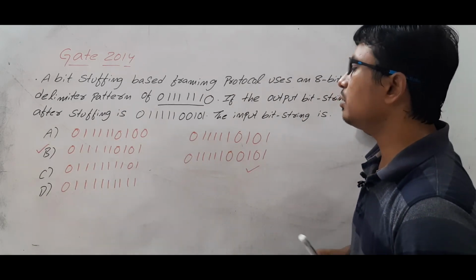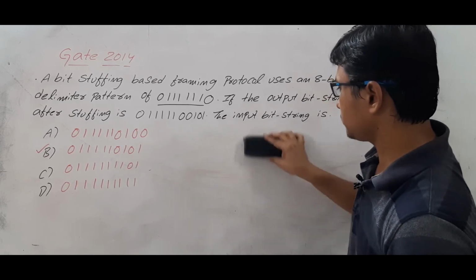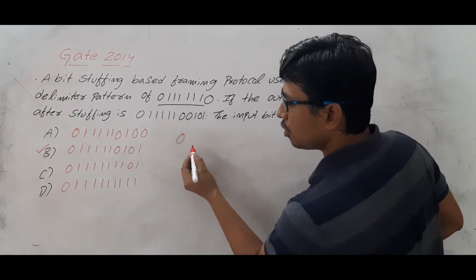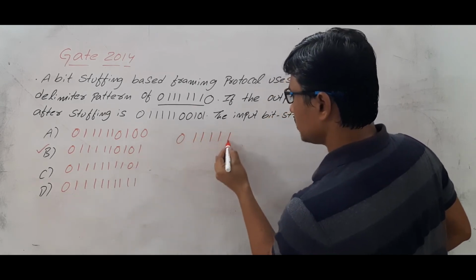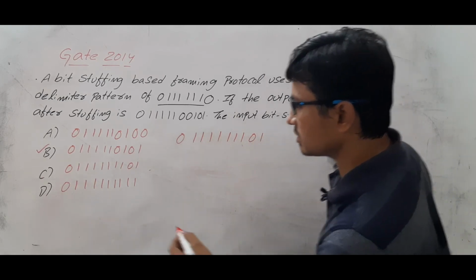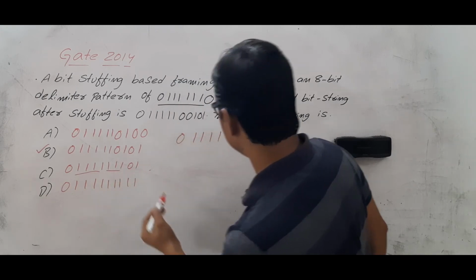Now we will see what is the problem with option C and option D, so that it will be practice for you also. 0, how many? 7 1s, then 0 1.